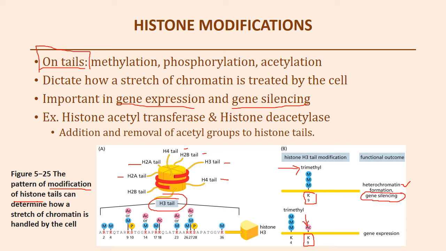It makes the tail more attracted to other non-histone proteins. So in this case, it loosens the linker DNA, which allows that particular gene to become more accessible. So now we are able to do full-on gene expression of that particular section of our DNA.